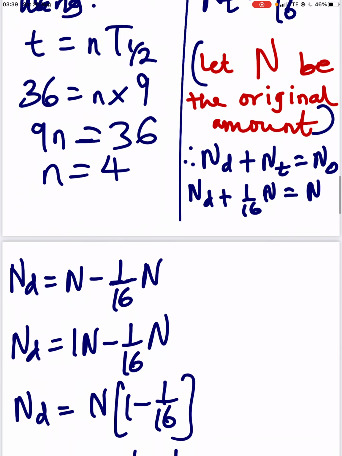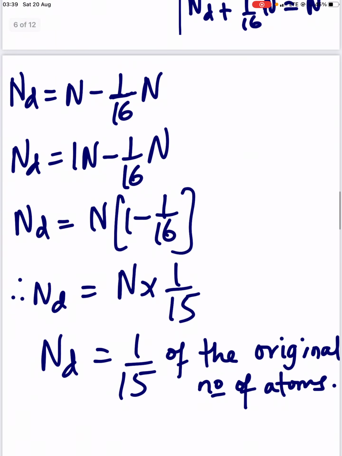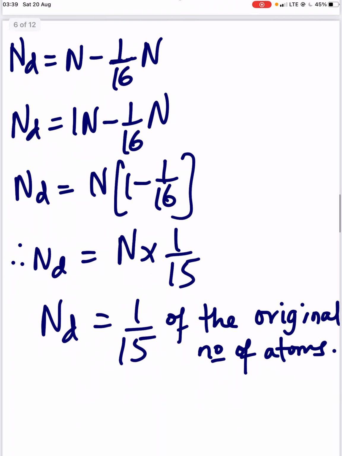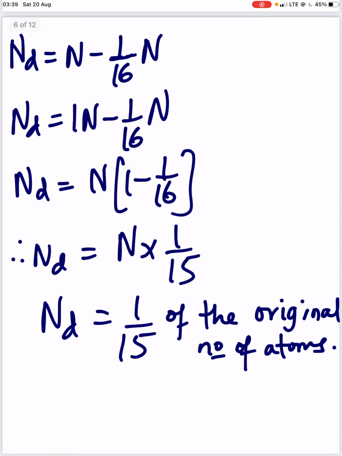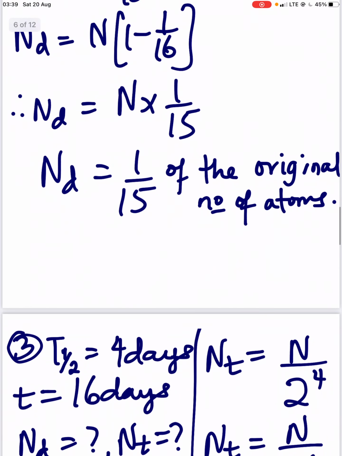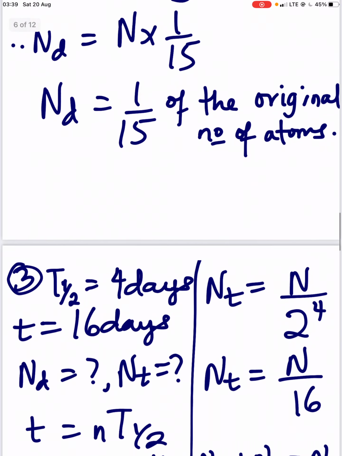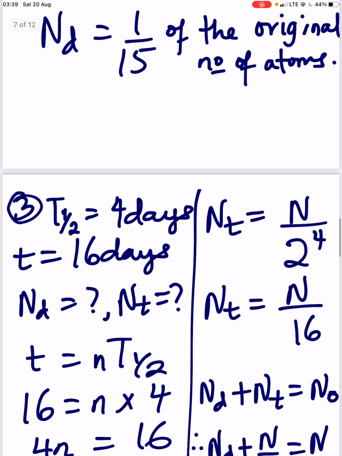Now using Nd plus Nt is N0, Nd plus 1 over 16 N will be N, since N is our original amount. And we get Nd is N minus 1 over 16 N. N is the same thing as 1N, so 1N minus 1 over 16 N. If you factorize N from both, you will have 1 minus 1 over 16 in bracket, and the amount that has decayed is 15 over 16 of the original amount.